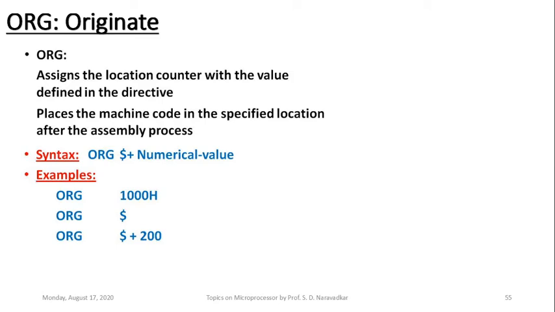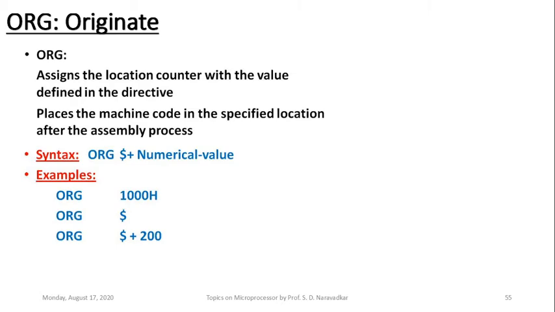And then the third example, ORG dollar plus 200, the appropriate format of the originate assembler directive. Now what this third example indicates is that, with reference to the current contents of the instruction pointer, meaning the location counter, at a location ahead by a value of 200, the assembled machine code will be placed.